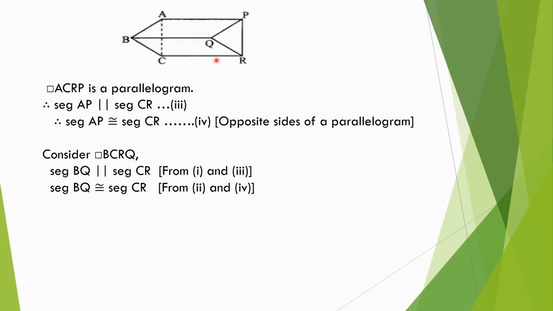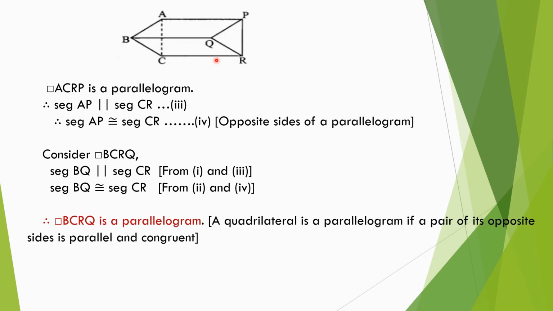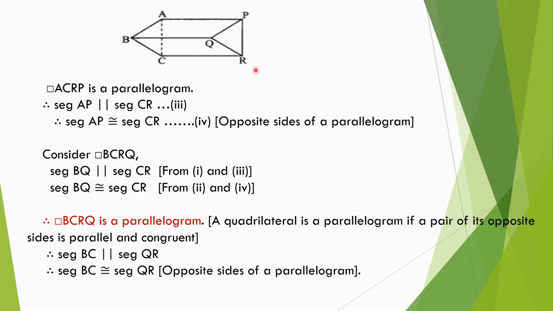Therefore, quadrilateral BCRQ is also a parallelogram. The reason: a quadrilateral is a parallelogram if a pair of its opposite sides is parallel and congruent. Therefore, segment BC is parallel to segment QR and segment BC is congruent to segment QR, because opposite sides of a parallelogram are parallel and congruent.